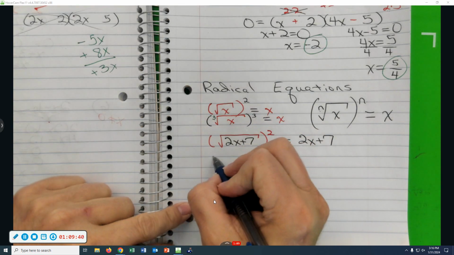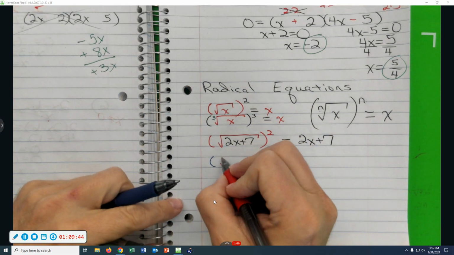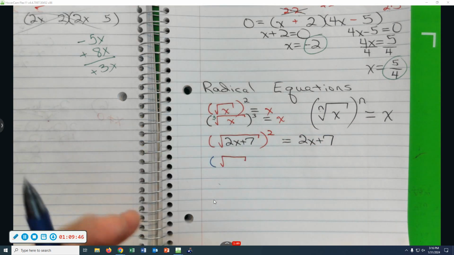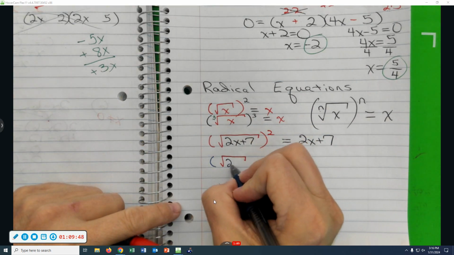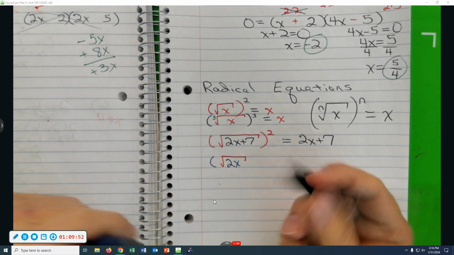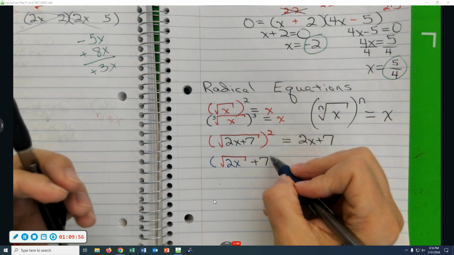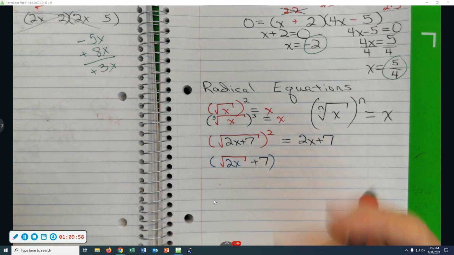Look at this. Suppose we had the square root of 2x, and then we have the plus 7 not under the radical. Suppose we tried to square that.